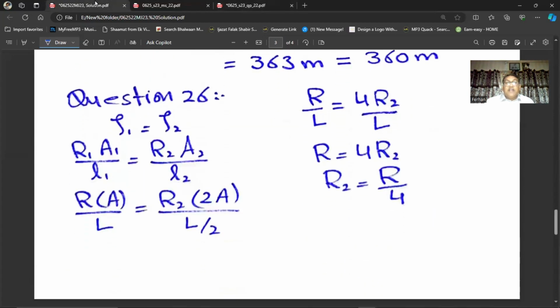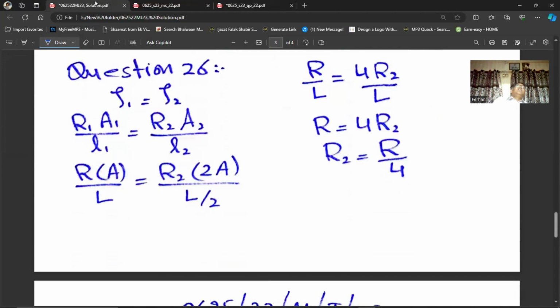Because both the wires are made of the same material, both of them will have the same resistivity. So rho 1 equals rho 2. Rho 1 is R1 A1 by L1, and rho 2 is R2 A2 by L2.